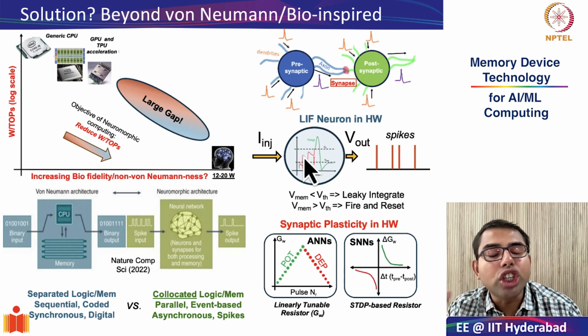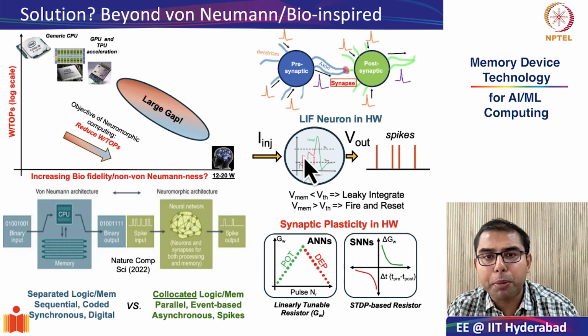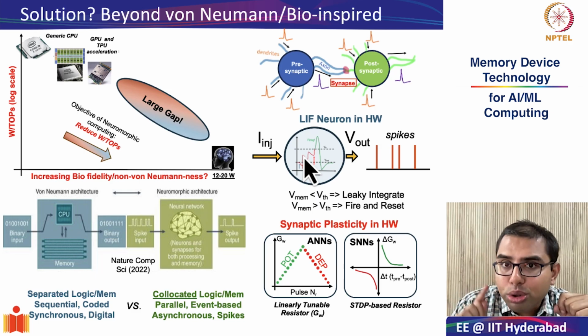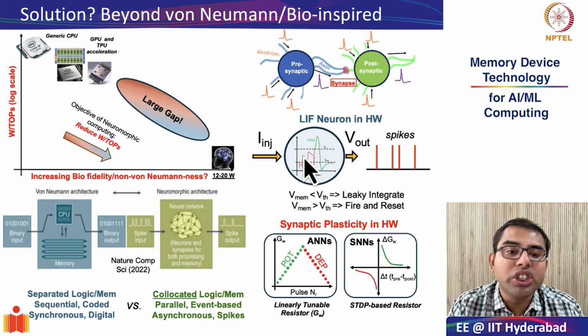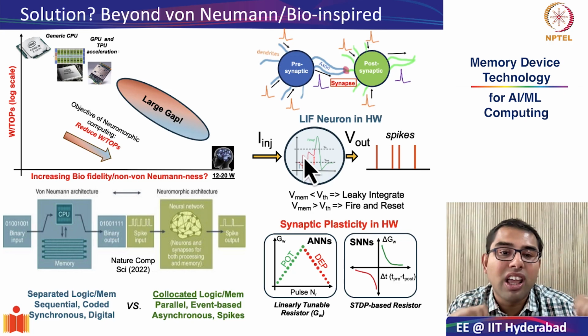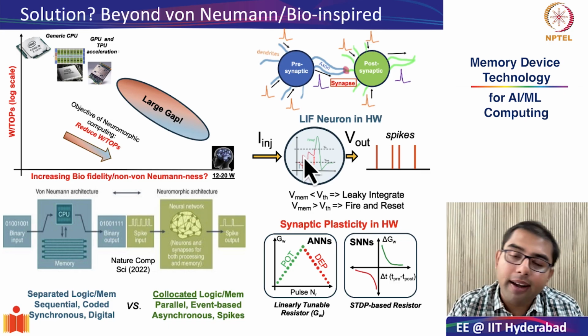And there we saw that there are two key implementations which are required for synaptic plasticity depending on where you are going to implement them. If you use them in artificial neural networks, you want them to behave like a linearly tunable resistor. Whereas in spiking neural networks, the idea is to implement a resistor which can mimic spike time dependent plasticity.